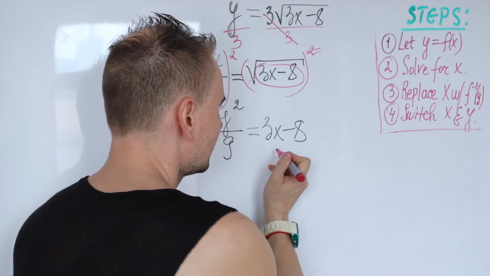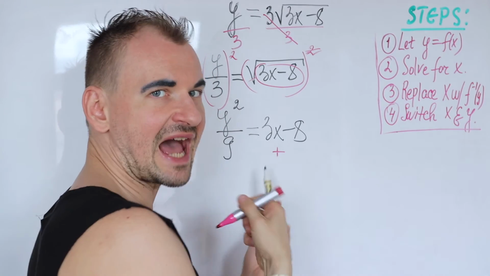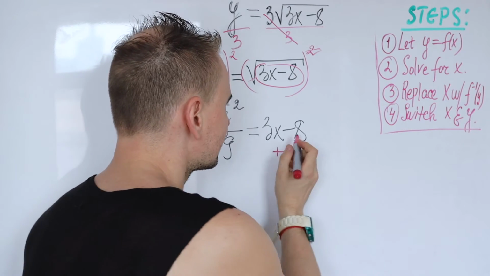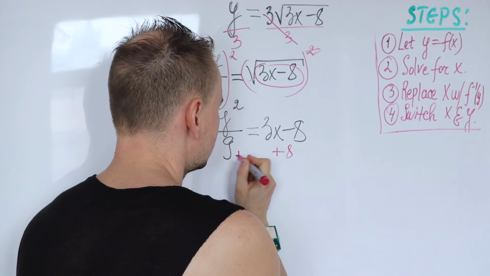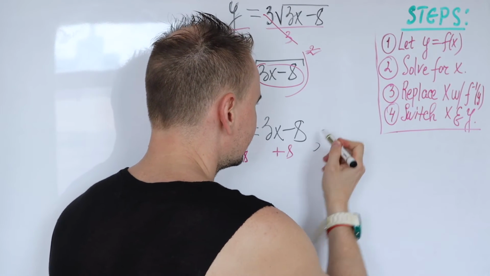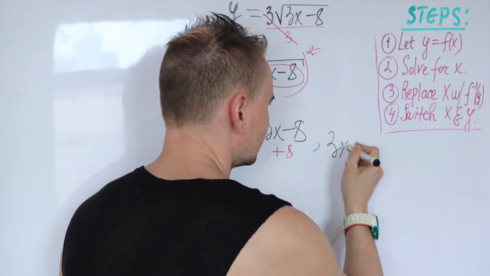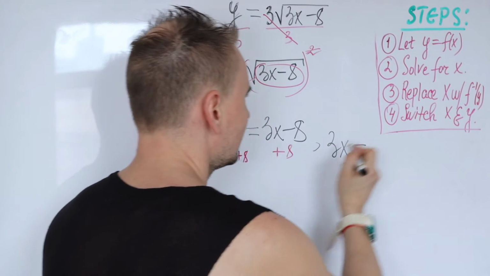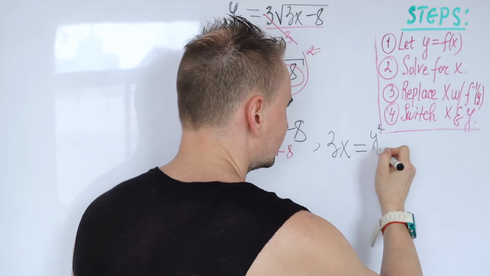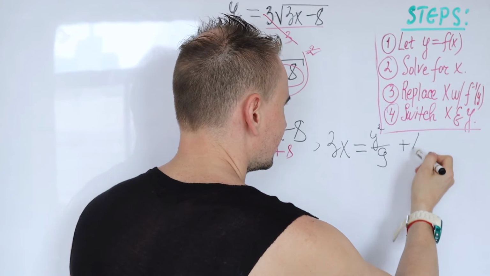Since addition undoes subtraction, we want to add this 8 to both sides. So we would be left with, and I would write it in reverse order if you don't mind, 3x equals y squared over 9 plus 8.